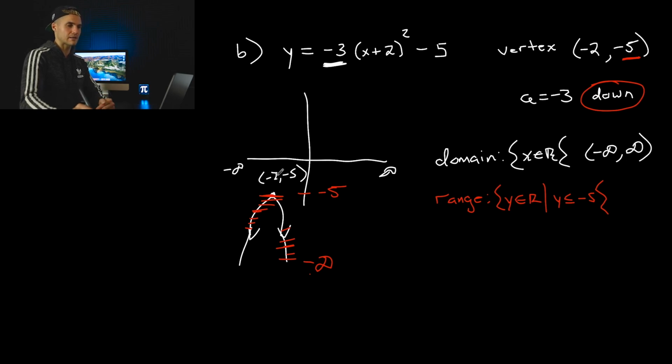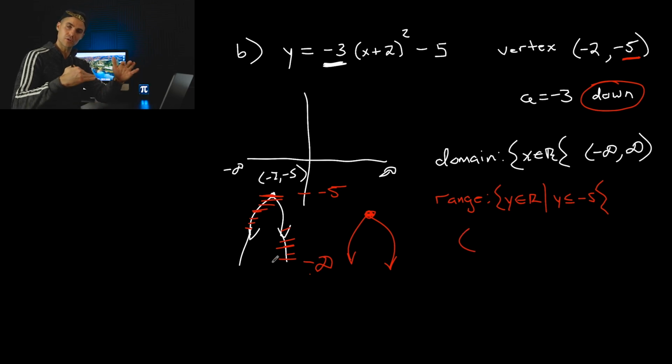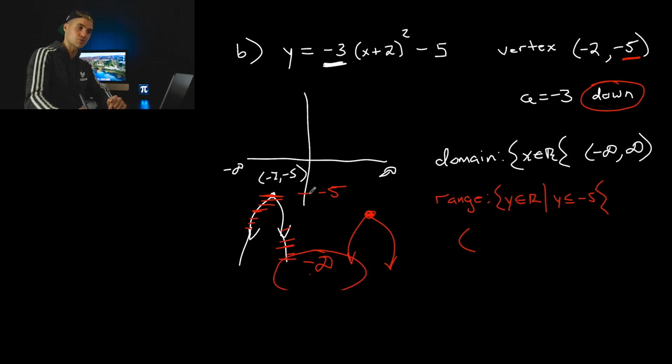For the domain, it's kind of like, yeah, we're reading from left to right, but this quadratic is opening down, so your instinct is just to read from the top down, right? But when you are writing the range in terms of the interval notation, it always starts from the smallest y values, which are the lowest ones, and goes up to the highest y values, which are at the top.